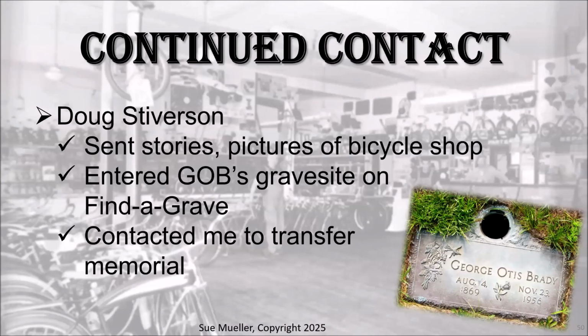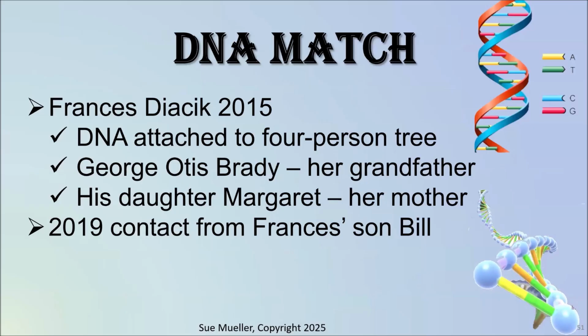Because he was out wandering, as we do, a cemetery, and he found George's tombstone, which has his death date on it. And he transferred it to me on Find a Grave. But he had remembered that he had been in contact with me and sent that to me. So now I was able to find information about the death.